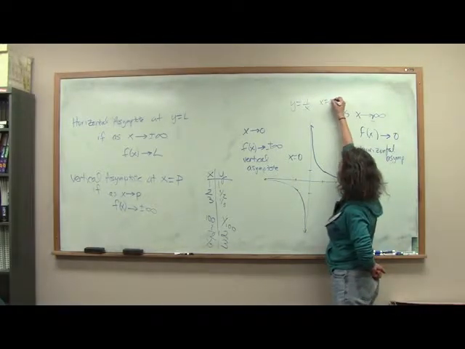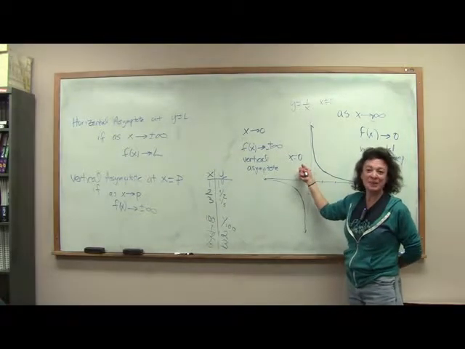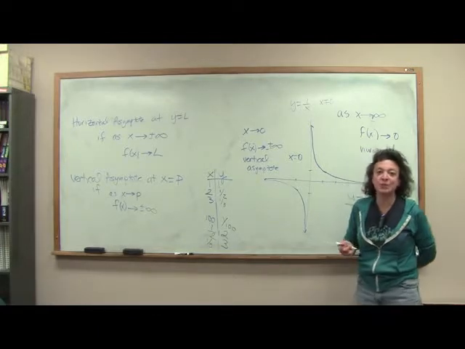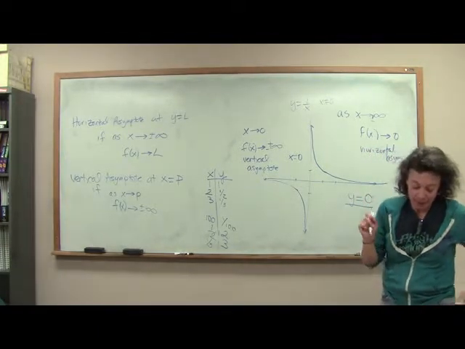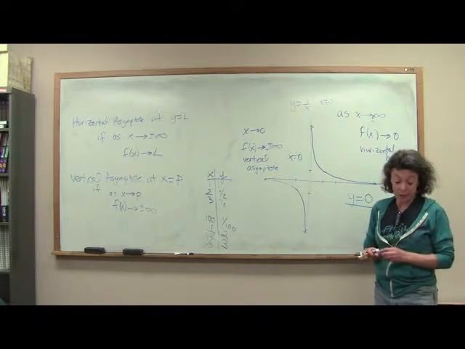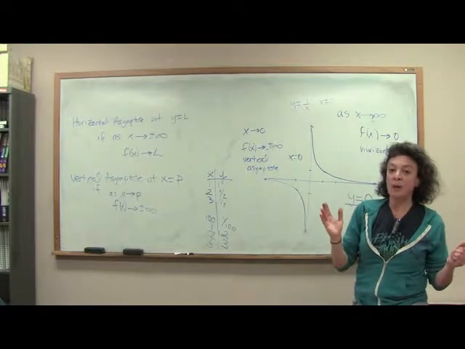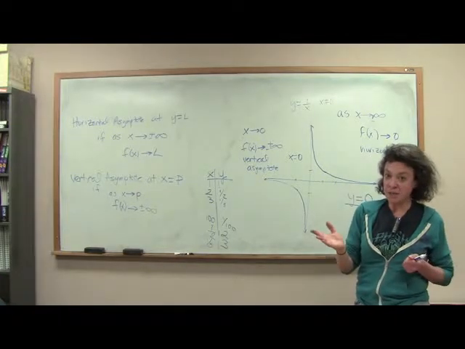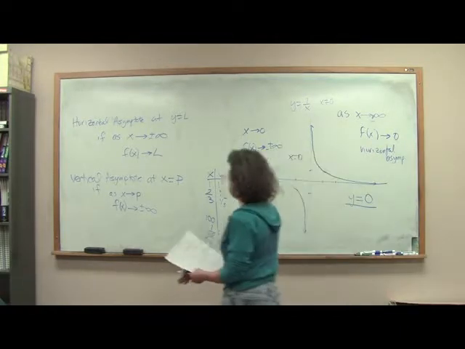We could not let x be equal to 0, but notice that was precisely what our vertical asymptote ended up being. That's not a coincidence, and we'll get there in a moment. What I would like to do first is talk about how to find your horizontal asymptote, and then we'll talk about how to find your vertical asymptotes.